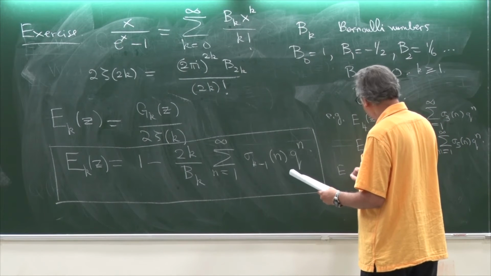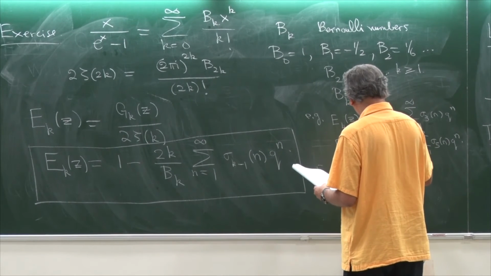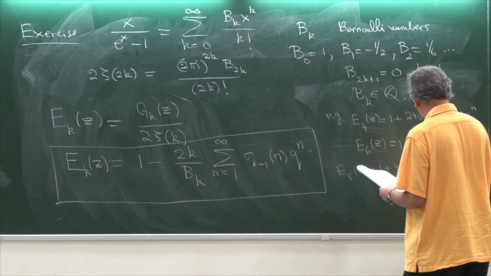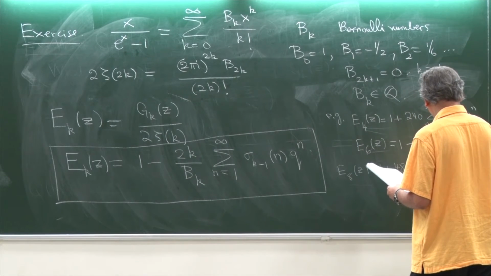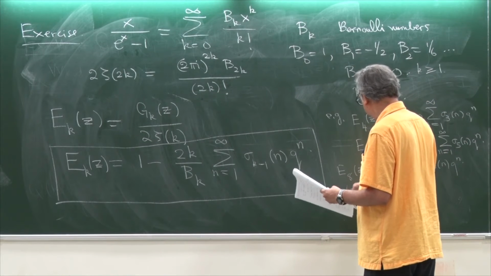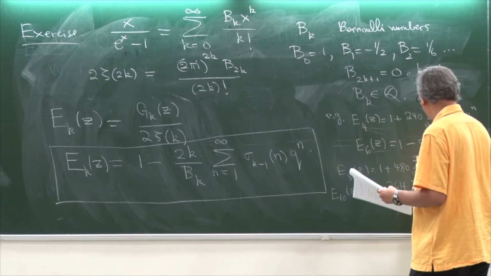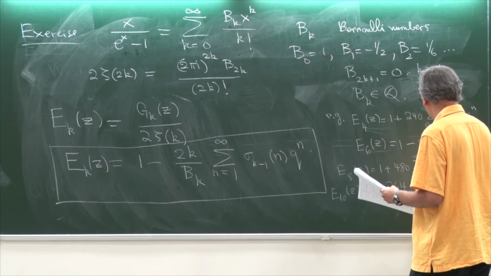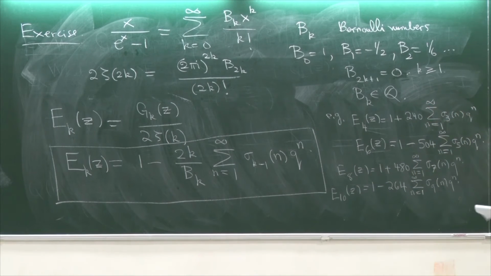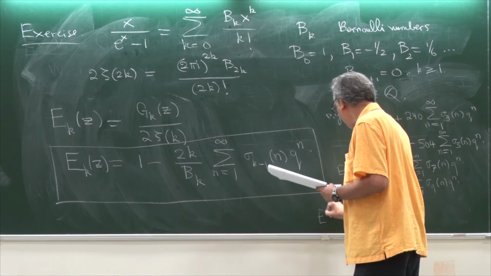E8(z) is 1 plus 480 times the corresponding sum. Then E10. So these are all these generalized divisor functions, and if you think that these are all going to be integer coefficients, there's a nice surprise at E12.